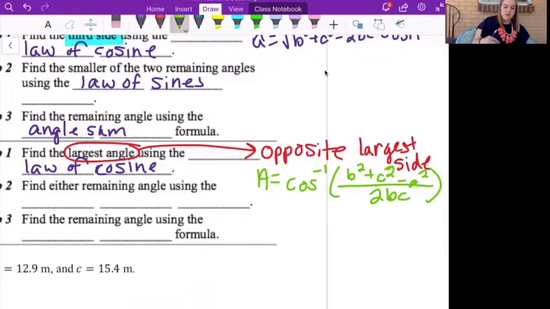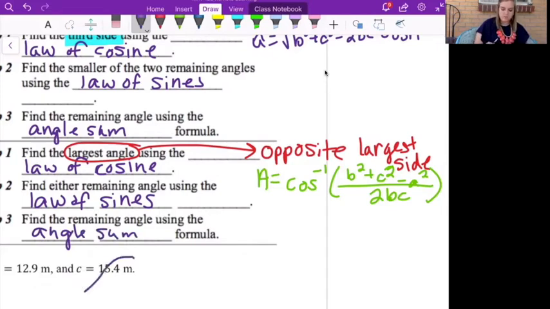So that's how we find our largest angle. Then we use law of sines to find either one of our other angles, and then our angle sum to find our remaining angle.